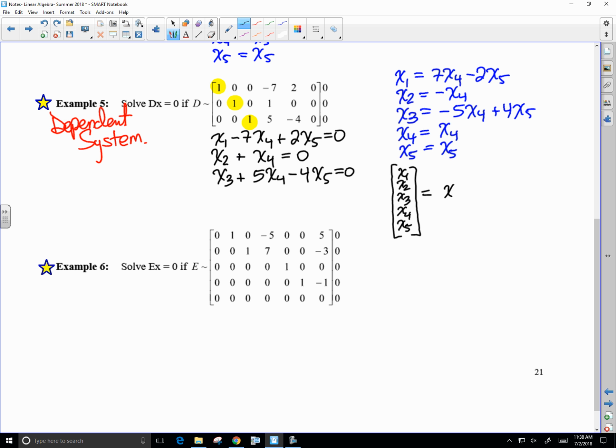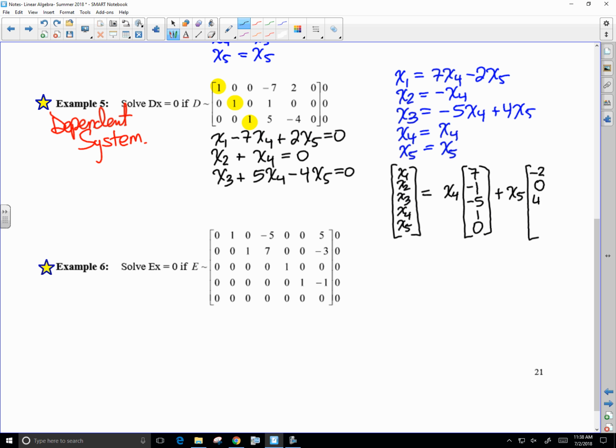So I'll start with the x4, obviously. So 7 is a coefficient of x4, negative 1 is a coefficient of x4, negative 5, 1, and the last entry doesn't have an x4 in it, so it must have been a coefficient of 0. Plus x5 has a coefficient of negative 2. x2 doesn't have an x5 in it, so it must be a coefficient of 0.